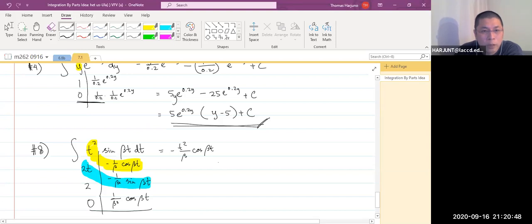The opposite of that product will be plus 2t over beta squared sine beta t. And then I'll take the positive product here. It will be plus 2 over beta cube cosine beta t plus constant.